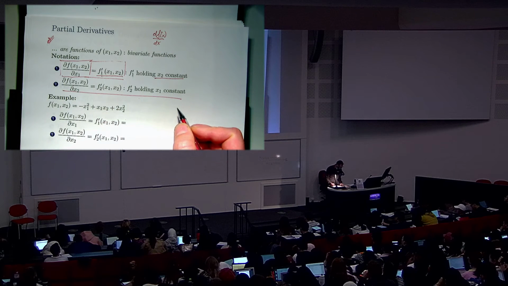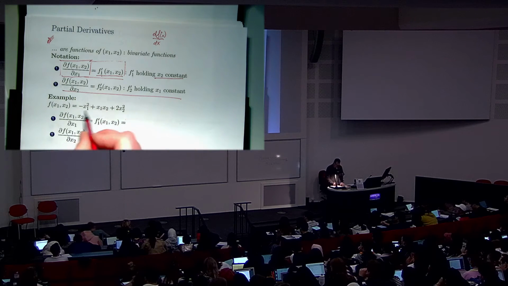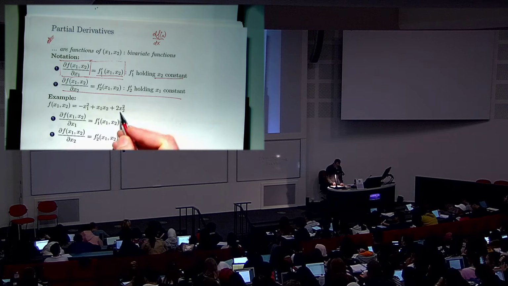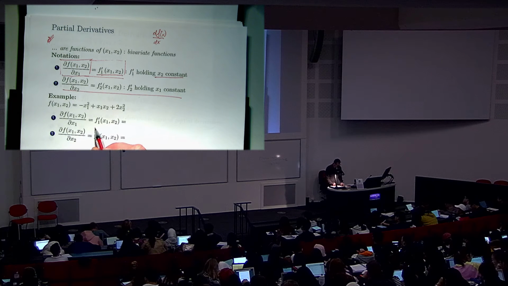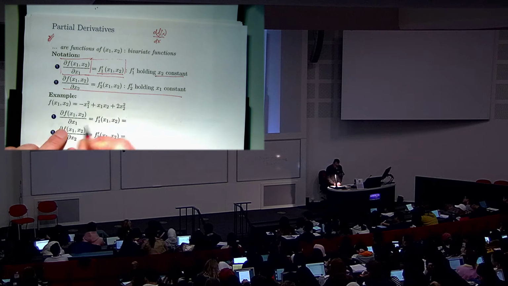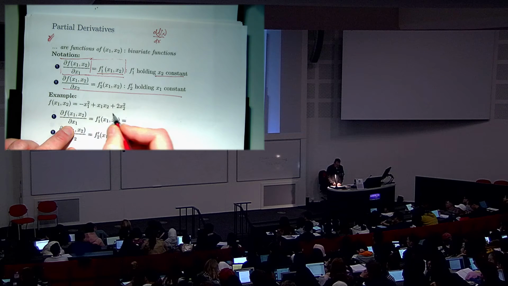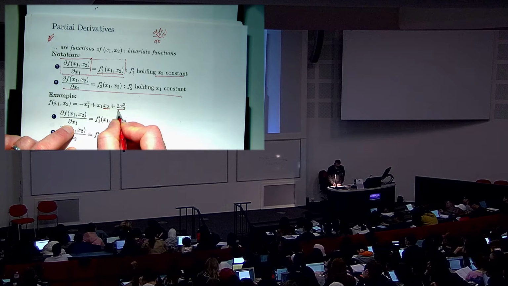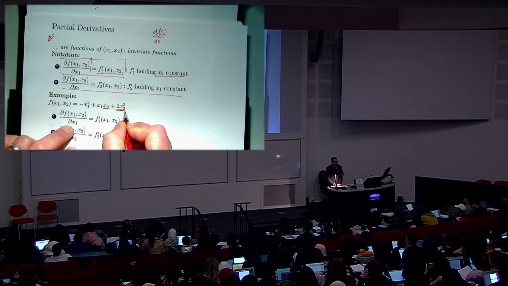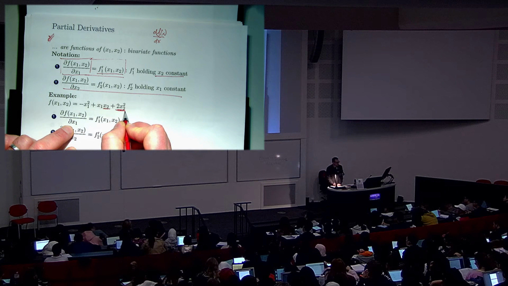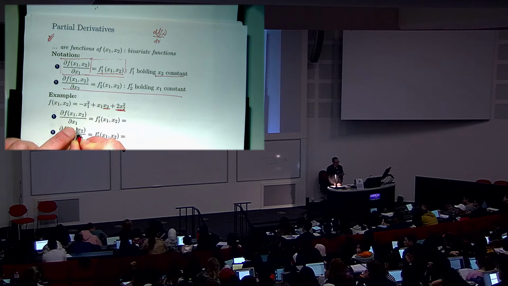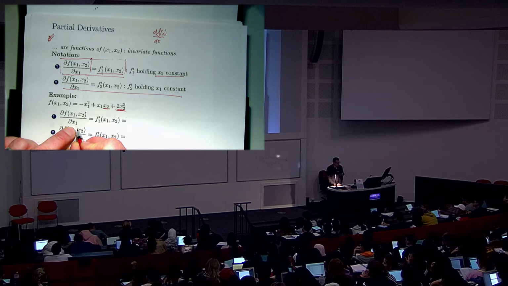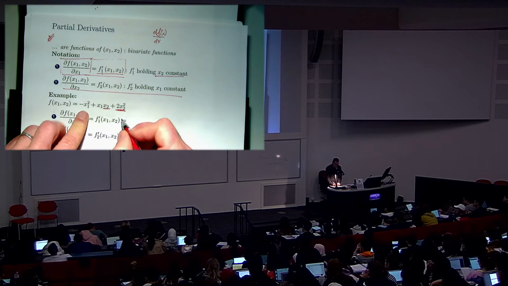So let's calculate an example here. Here we have a function, and let's find the first derivative with respect to x1. This entire term is now a constant because we are finding the derivative with respect to x1. So how do we do that?